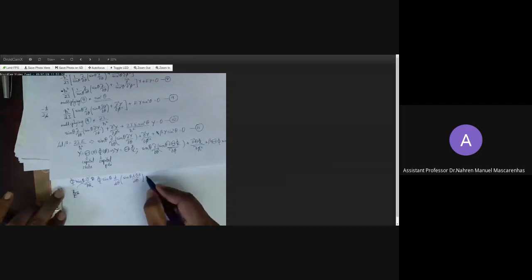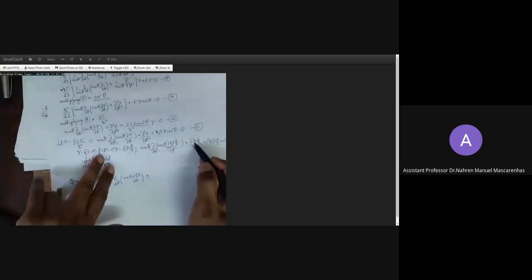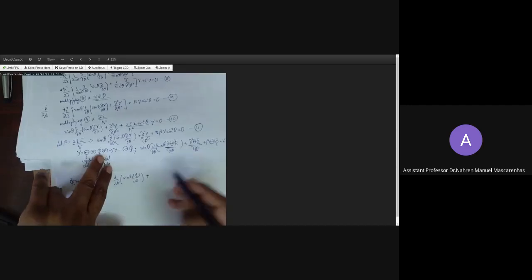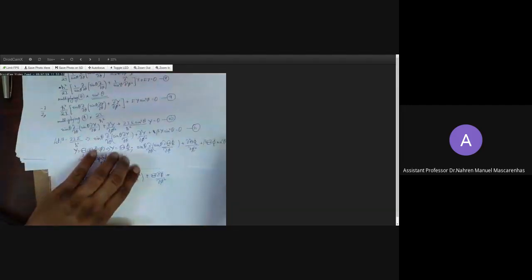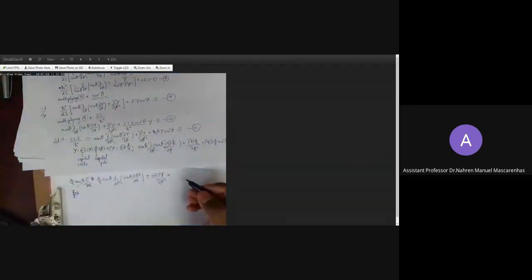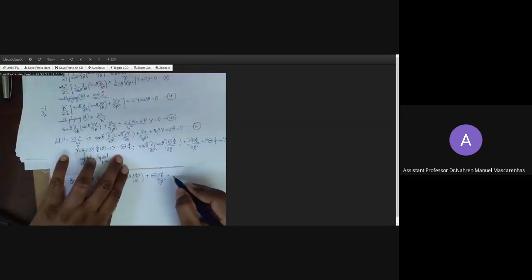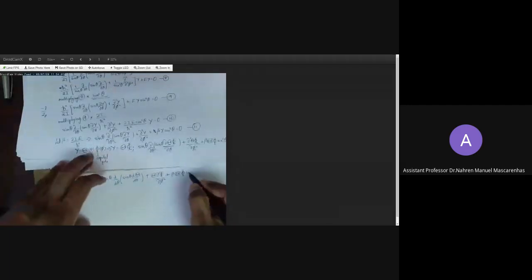Plus, similarly, we can take this as constant because it doesn't depend on phi, so theta dou square phi by dou phi square. Plus the same thing: beta capital theta capital phi sin square theta equal to 0.